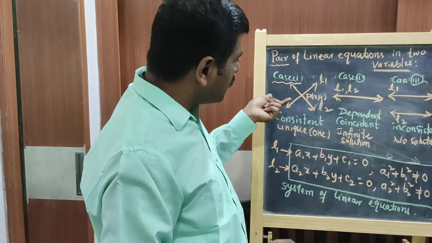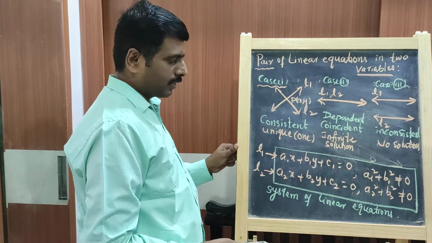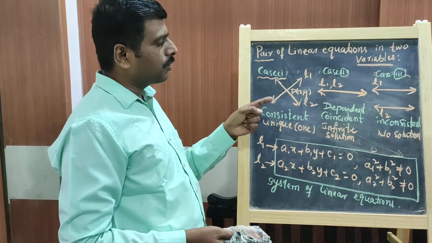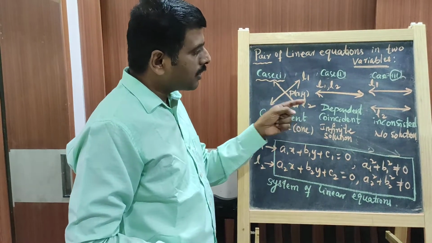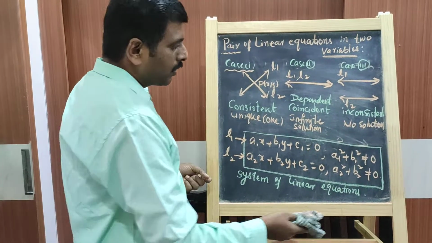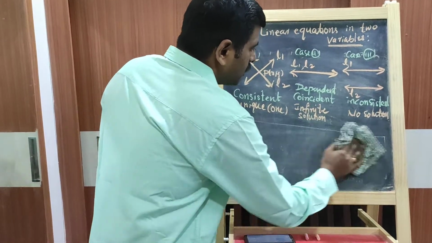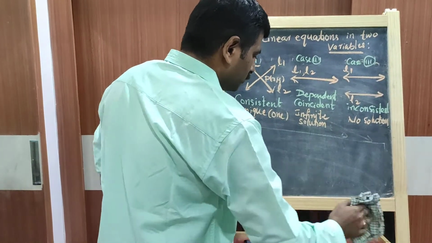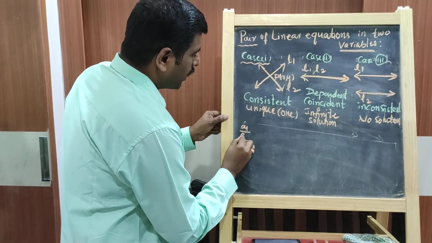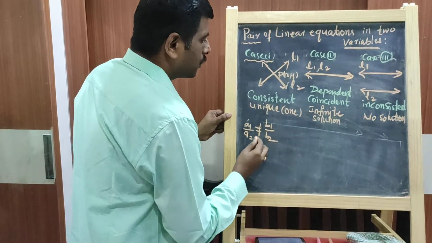Now how can we identify, with the help of the system of linear equations, which system has a consistent unique solution, dependent consistent, or inconsistent? Let us see the formulas. The first one: a1 by a2 is not equal to b1 by b2.